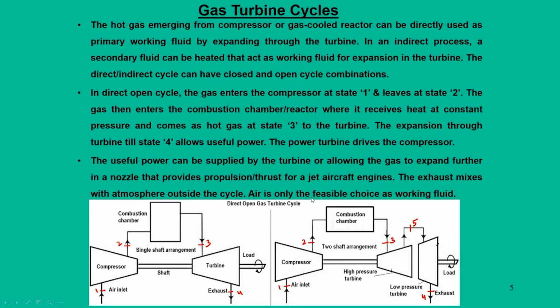Now, there is another point I need to emphasize. In the figure shown here, the gas turbines are used for power generation, but instead of getting power through turbines, the exhaust gas can also expand further in a nozzle for thrust generation. That essentially happens in aircraft engines.